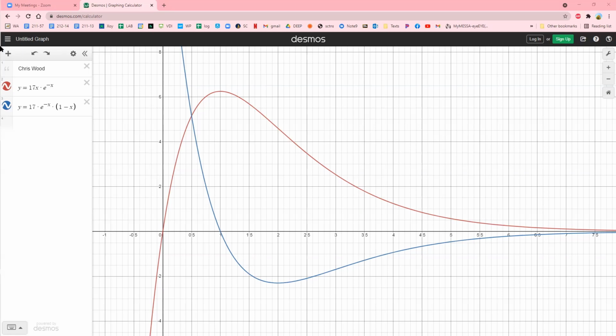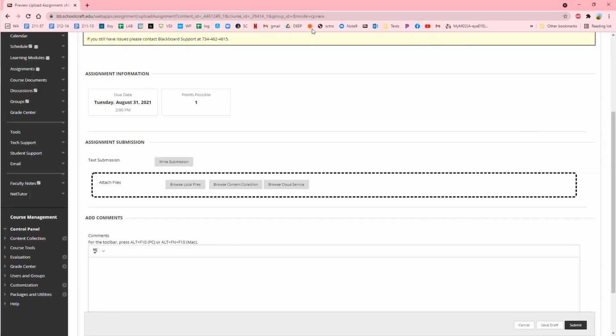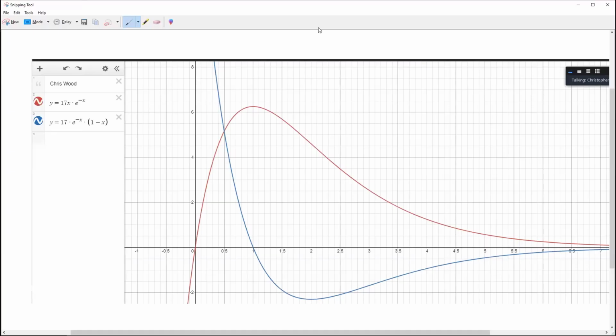I'm going to save this to a file, save as, and this is chapter 2, Desmos exercise 1. There it is. So then when I go to Blackboard, you're good to go. So when you get your Desmos graph all tweaked out, name, position function, velocity function, showing the graphs nice and sized, so they're very easy to see.